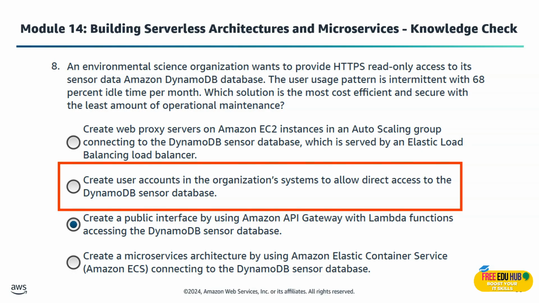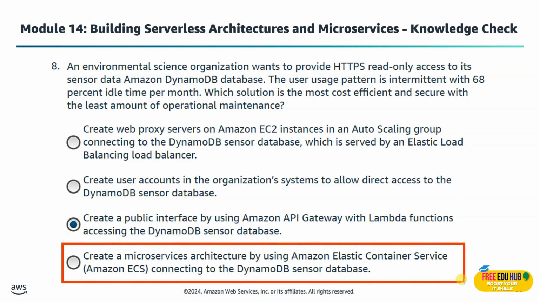It exposes the database and is a risky solution as far as the security is concerned. We are not going for the last option, which creates the microservices architecture by using Amazon Elastic Container Service connecting to DynamoDB sensor database. It's more complex and costly than needed for read-only access.